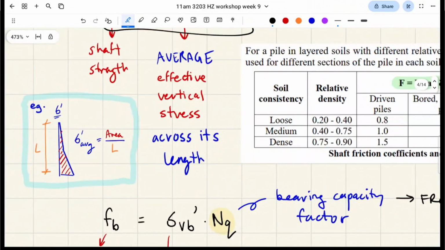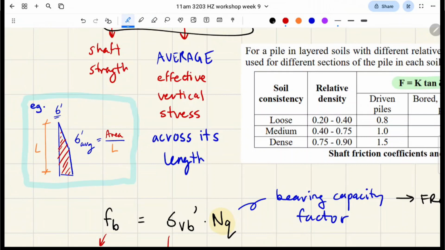In an effective stress distribution, this is from soil mechanics, we essentially care about the average along that shaft, okay? If your stress distribution looks like this, for example, actually, to be honest, I'll screw up this shape. It'll never look like this. It'll look like this.